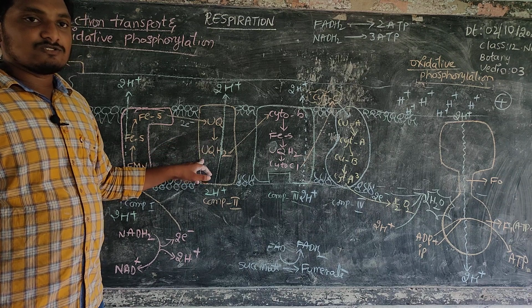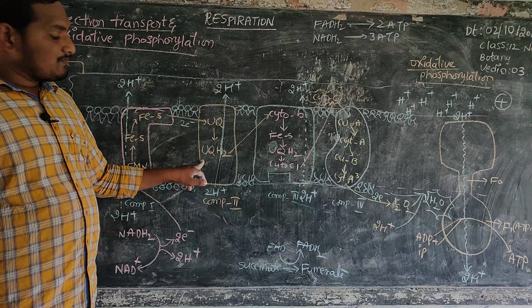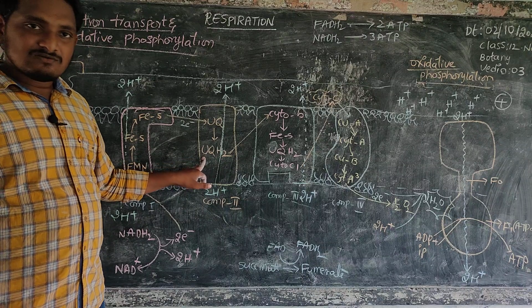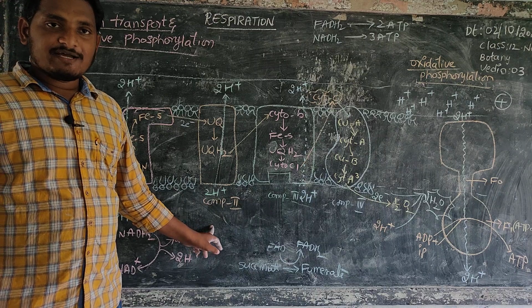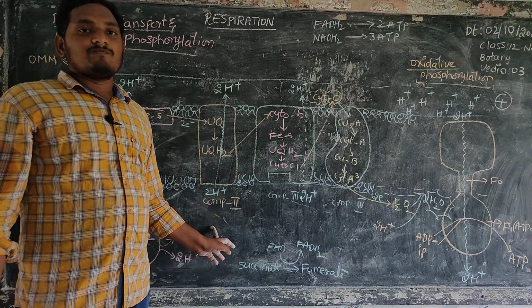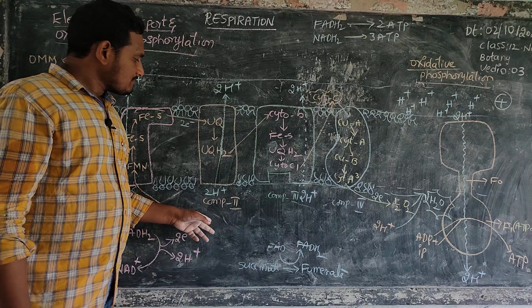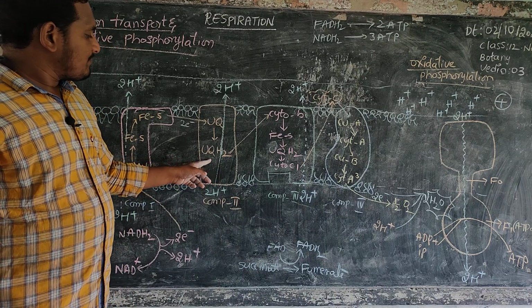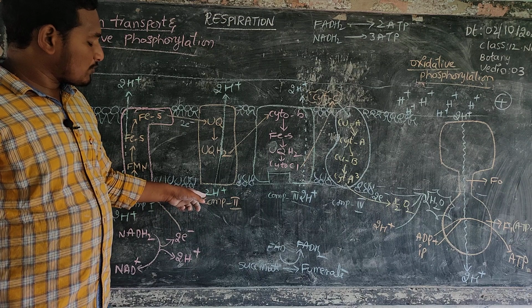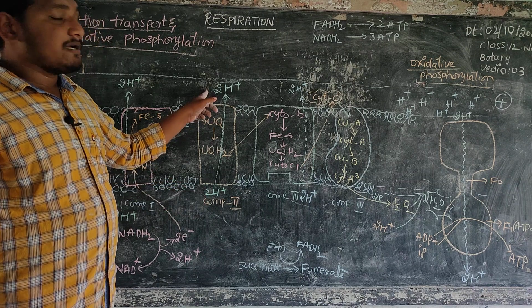Ubiquinone sends these electrons to ubiquinone H2. Ubiquinone H2 also receives electrons from FADH2 by the process of the Krebs cycle. Ubiquinone H2 sends these protons from the matrix to the intermembrane space.